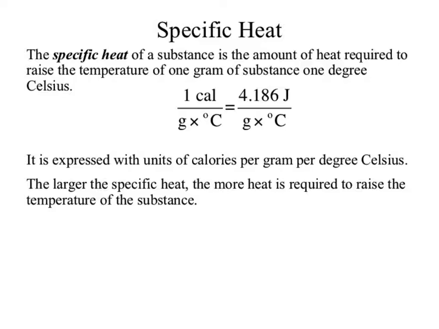The amount of energy I have to put in to cause 1 gram of a substance to go up by 1 degree Celsius. So if I look at kind of the easier one, come on.